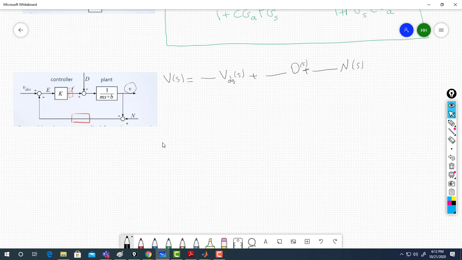And here is your transfer function that you want to find.